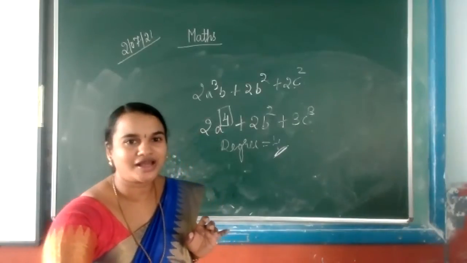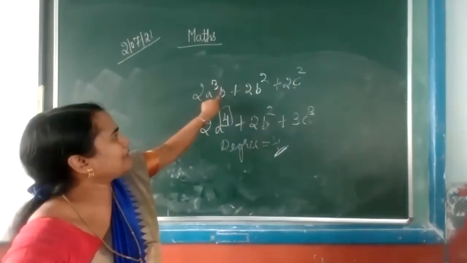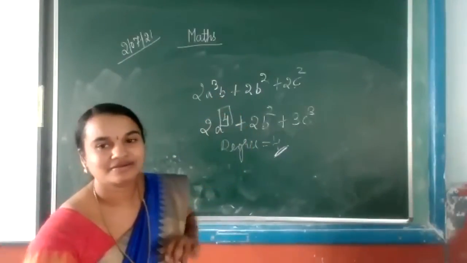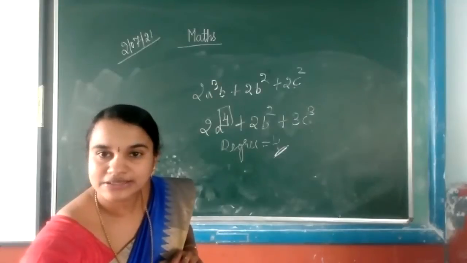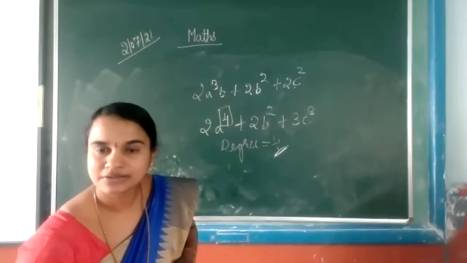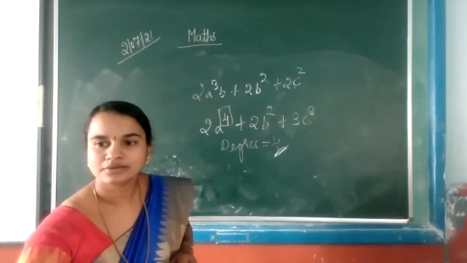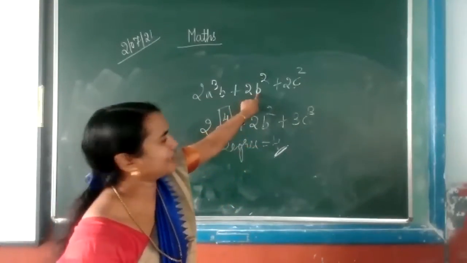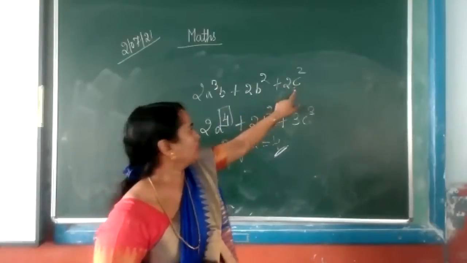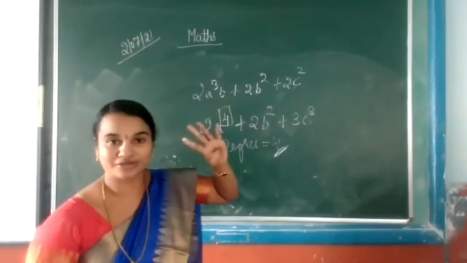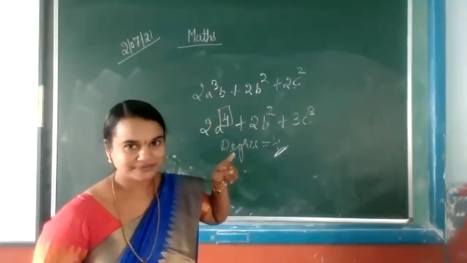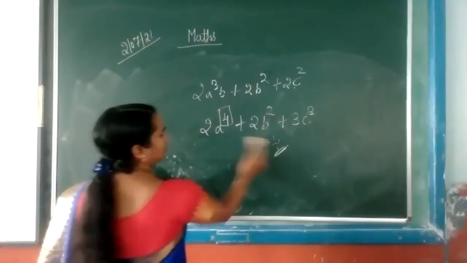Yes, very good, Anand Raj, that is correct. 3 plus 1, 4. Clear? So here only 2 we are getting and here only 2. Here 3 plus 1, 4. That is the degree. This also we have to add. Isn't it?